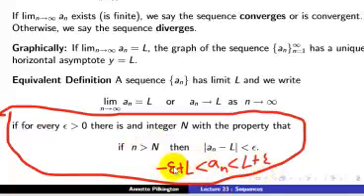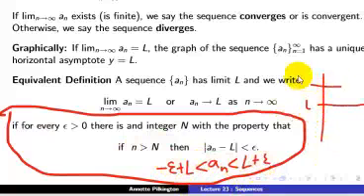This is your L, this is L plus epsilon, and this one is L minus epsilon.